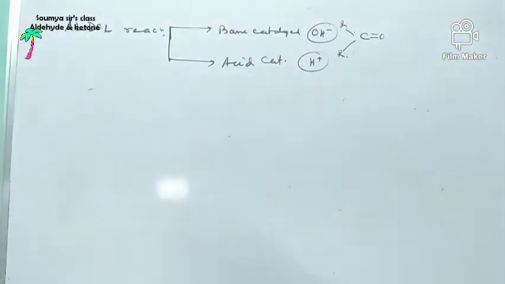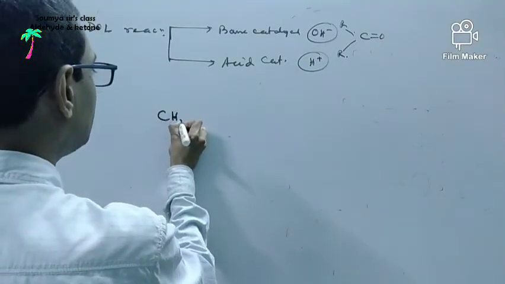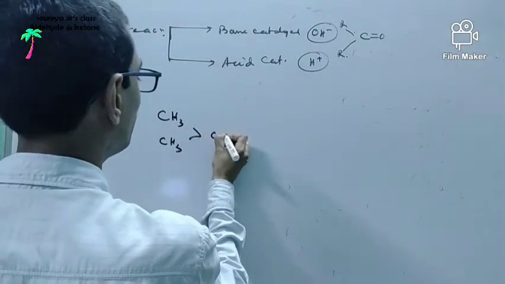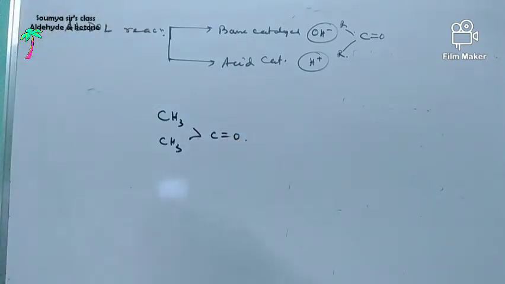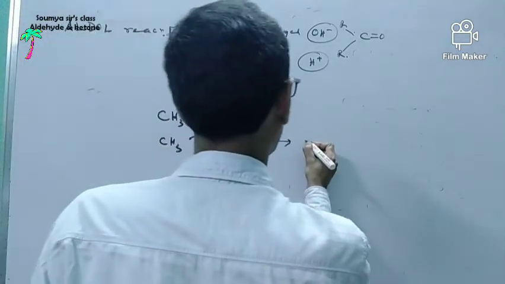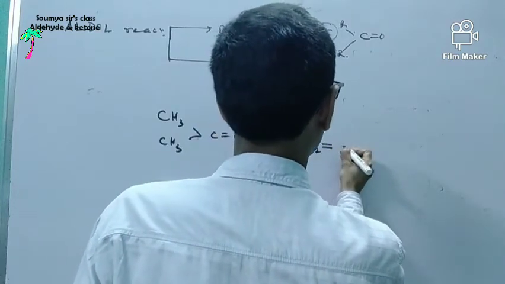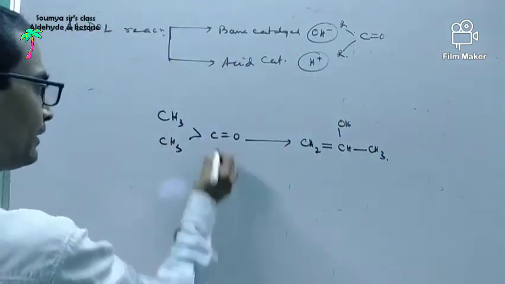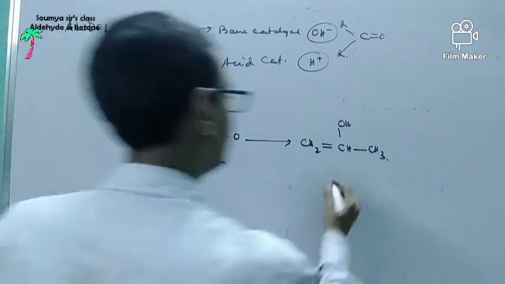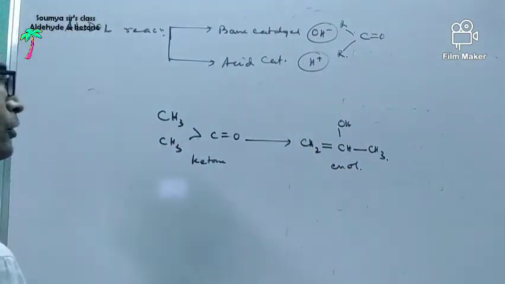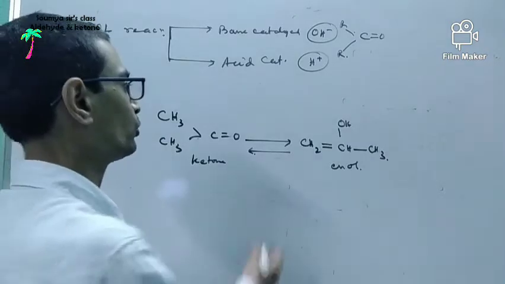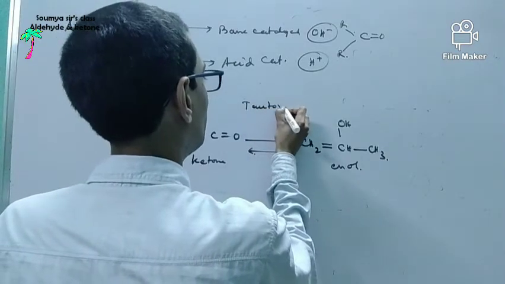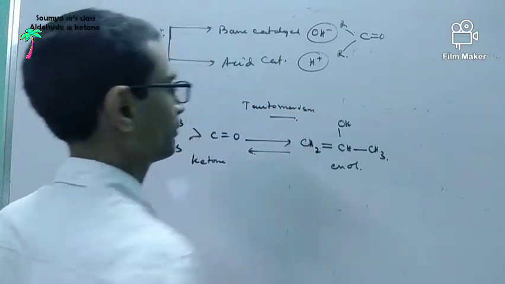Now friends, we must look at CH3 C double bond O. Here it tautomerizes to form CH2 double bond C, OH and CH3. So this is the ketone part and this is the enol part. So they always interchange themselves in keto-enol tautomerism. If there is any ketone group, there will be tautomerism.